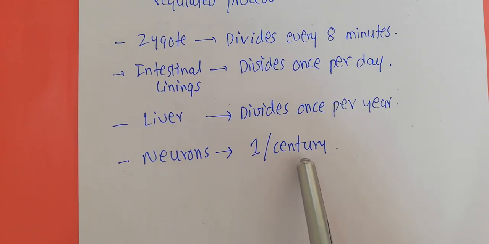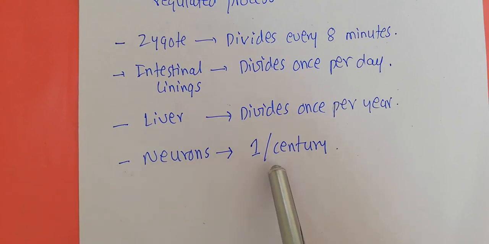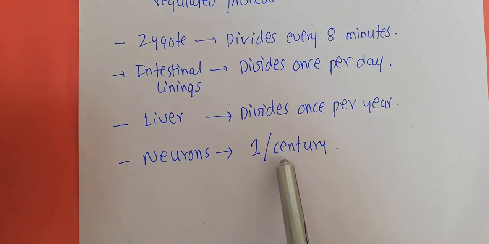The average lifespan around the globe is between 60 to 80 years. That means your neurons are not going to divide in your whole life. But some research in the current era does suggest that there are certain kinds of neurons that can divide.